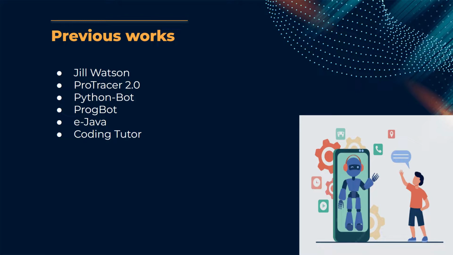Again, the virtual teaching assistant ProTracer 2.0 compares students' answers to the teacher's solution to measure accuracy. Some literature related to our work are available, like Pythonbot, Progbot, eJava, and Coding Tutor. All of them are mostly focused on one programming language.